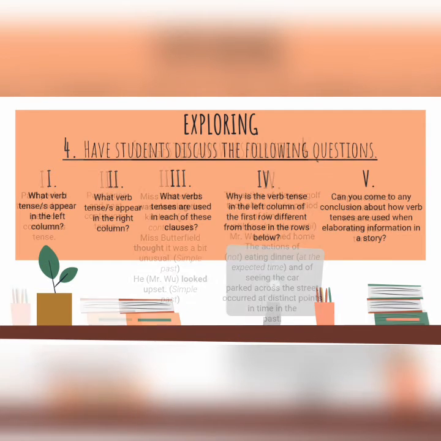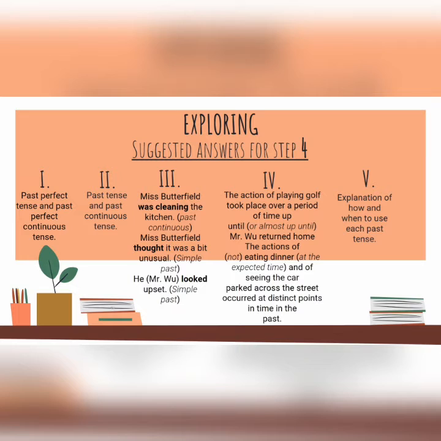The suggested answers for the fourth point that the students could write are: for the first question, past perfect tense and past perfect continuous tense. For the second question, past tense and past continuous tense. For the third question, in the right column, the clause about doing is Miss Butterfield was cleaning the kitchen, in the past continuous tense.